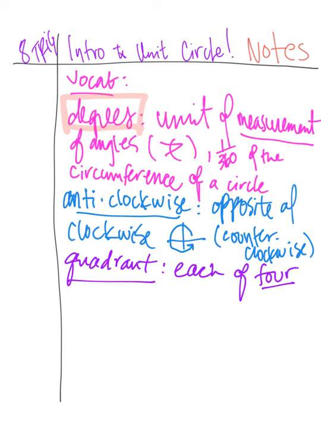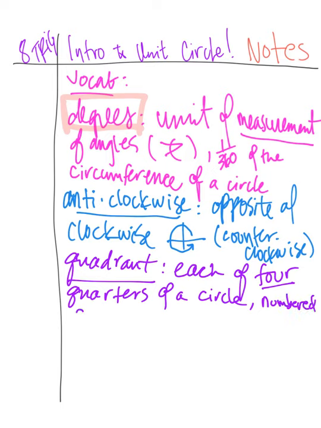I digress. Quarters of a circle. They're also numbered anti-clockwise, which is important. So you have 1, 2, 3, 4.